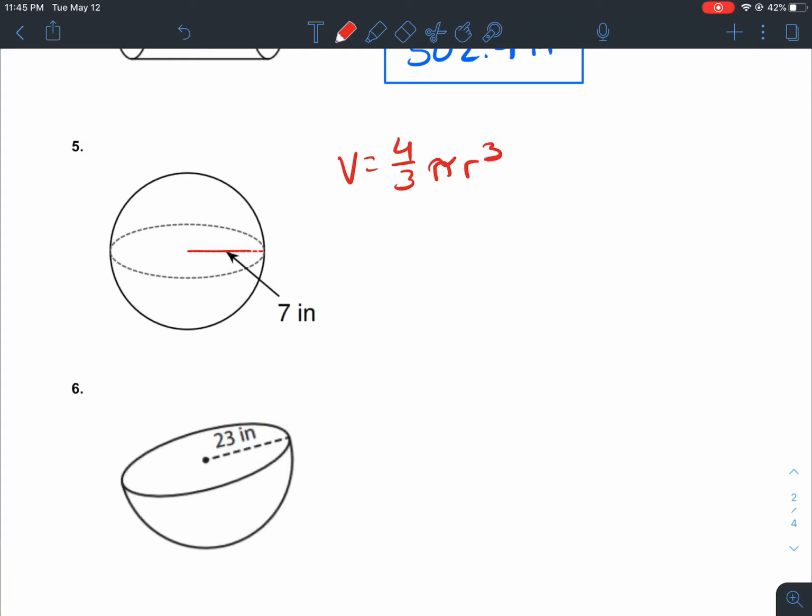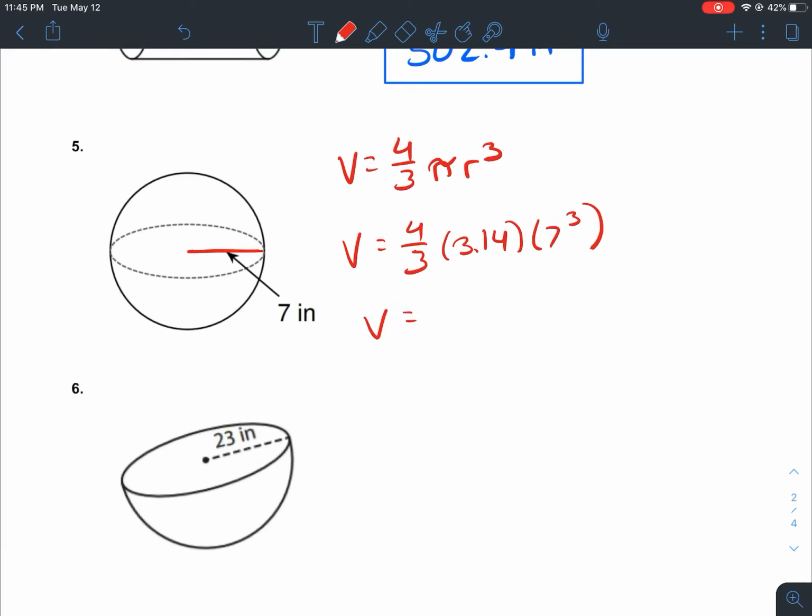They clearly gave me a radius here, so I'm going to plug that in. So we're going to plug in 4/3 times 3.14 times 7 cubed.